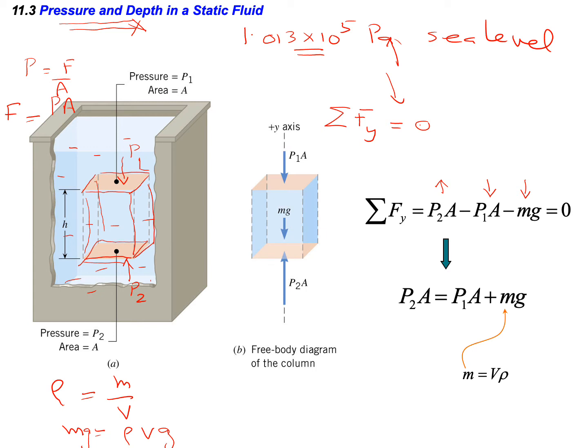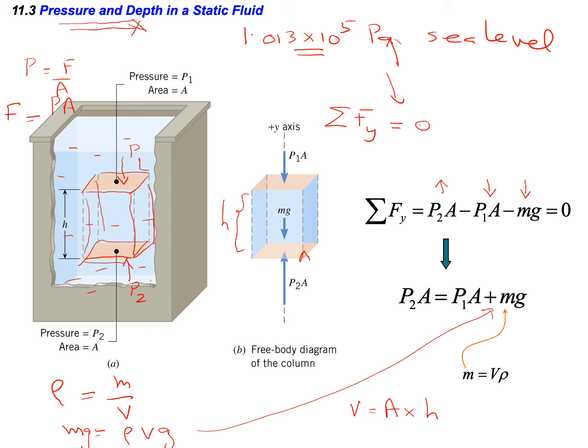Mass is rho, density, times volume, so instead of mass we can write rho Vg. In this cube, the side area is A, and if the height is h, the volume V is equal to A times h.